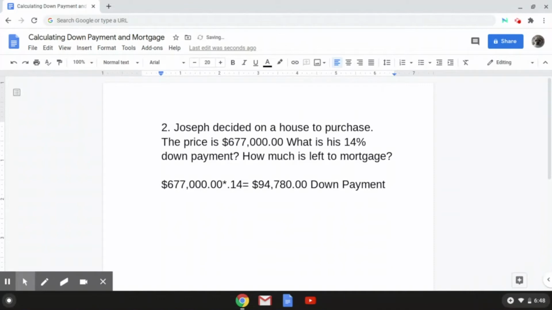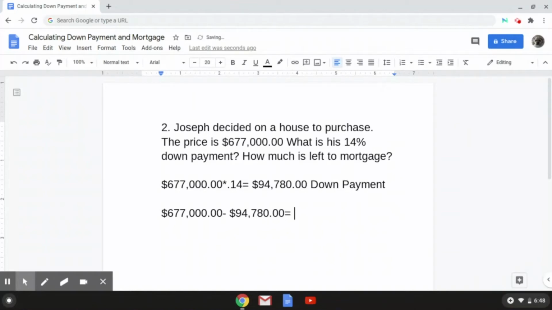Then, from here, in order to calculate the mortgage, it's like we did in the last problem. First, we're going to take the $677,000 and subtract it from the new down payment amount, which is the $94,780.